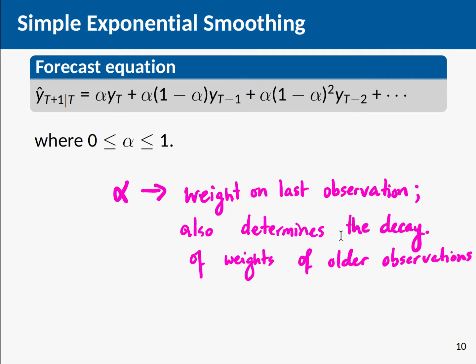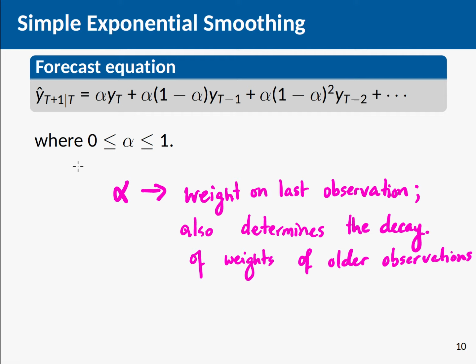One idea here is that we think about alpha being the weight on the last observation, and then all other past observations have some weight attached to them, but there is an exponential decay of the weights for older observations.